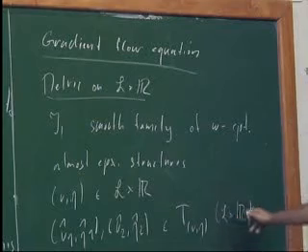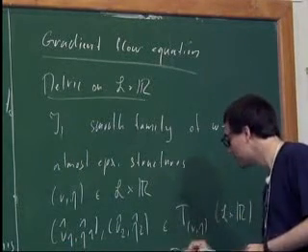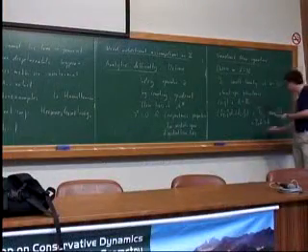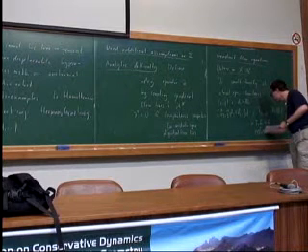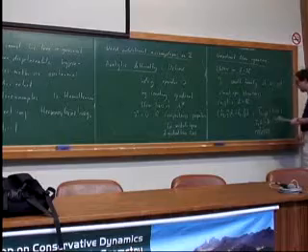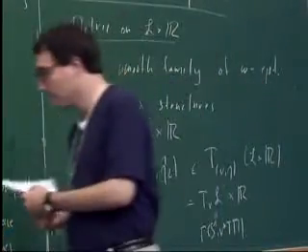The tangent space to this loop space consists of vector fields along the loop, that is, a section of the pullback bundle of TM by v, and the R part is just trivial.